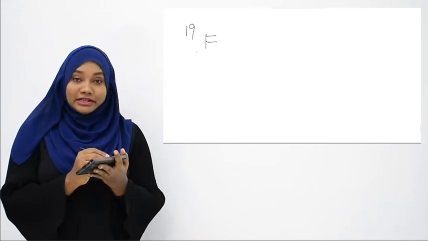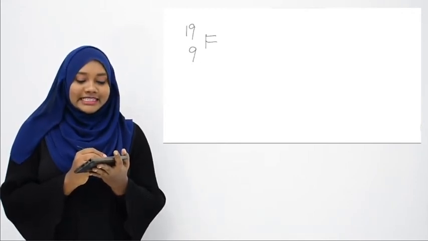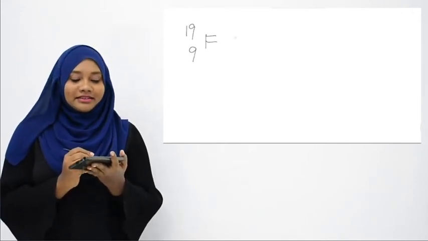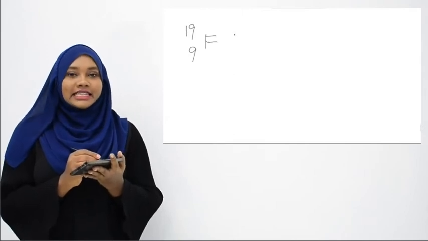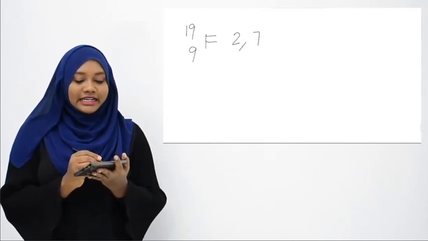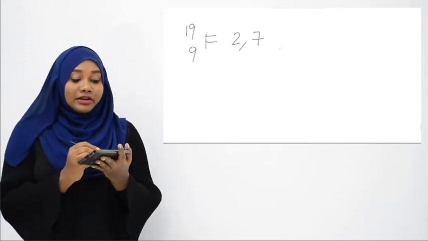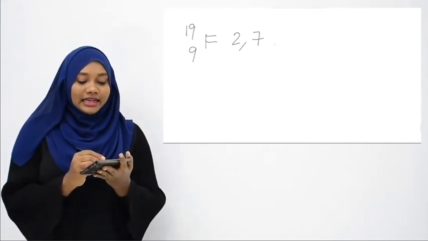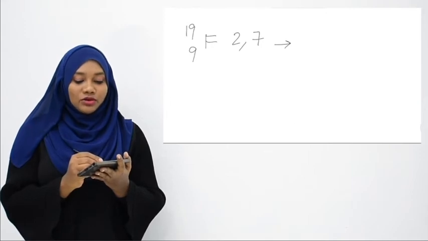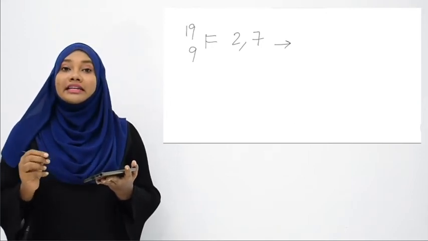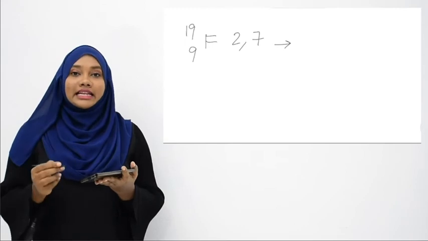Have you heard of fluorine? Yes, it's an element in group 7, right? So when you write the electronic configuration of fluorine, it's 2, 7. So fluorine, when it forms the ion, 1 electron is added to the valence shell.